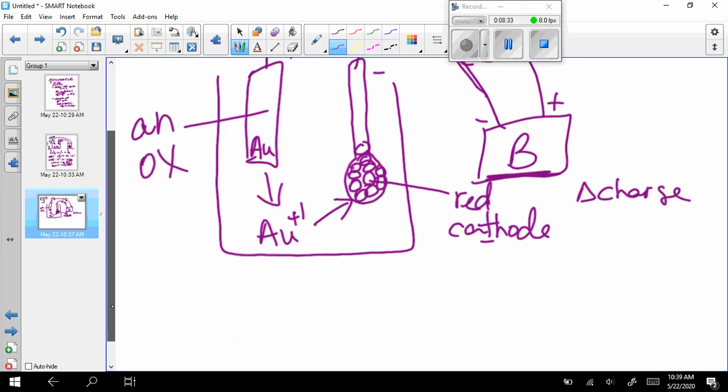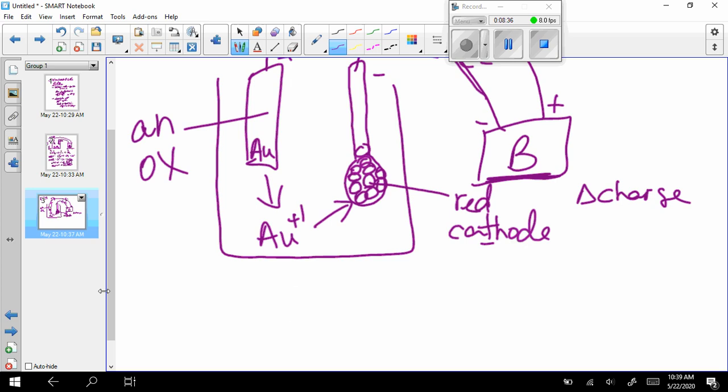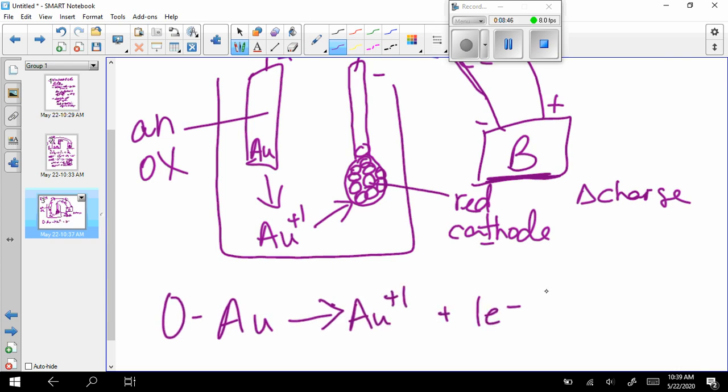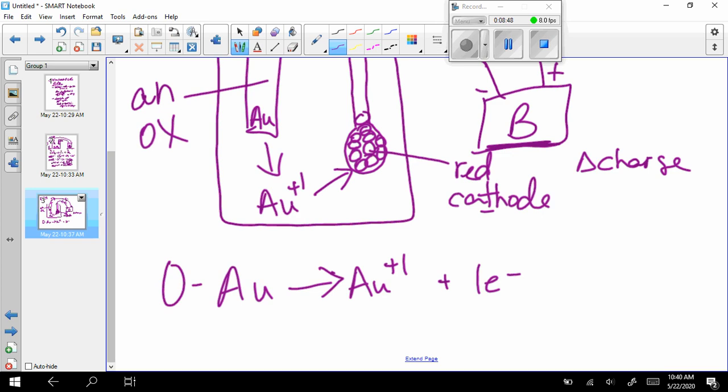So if I had to write the half reactions, I'm not doing electrolysis like I did last time. My oxidation is Au becomes Au+ plus 1 electron that went through the wire. And then the reduction for plating is the exact opposite. Au+ plus the 1 electron coming through the wire makes gold.